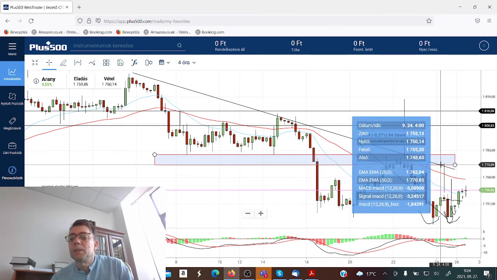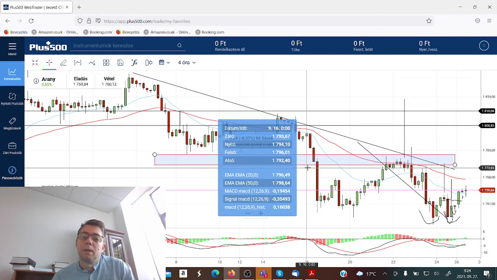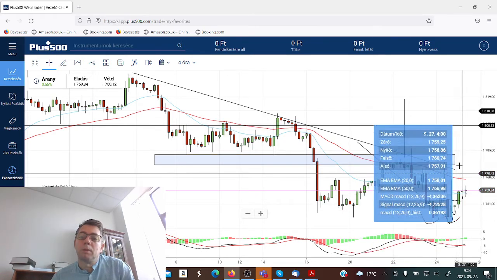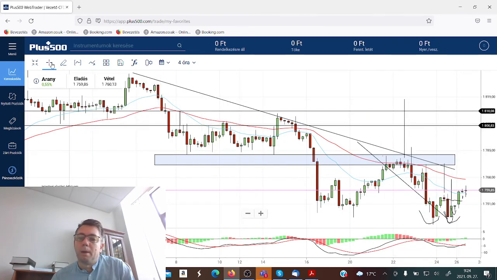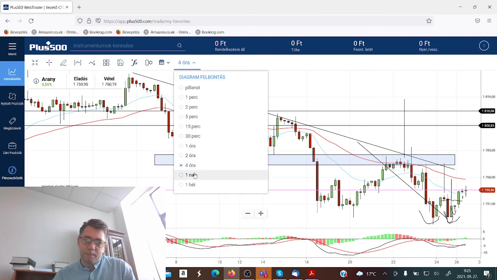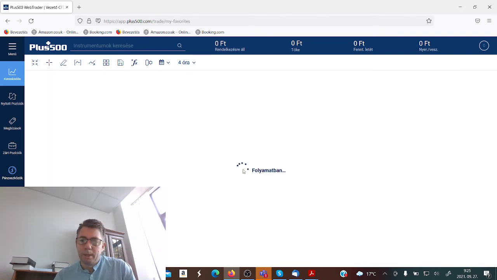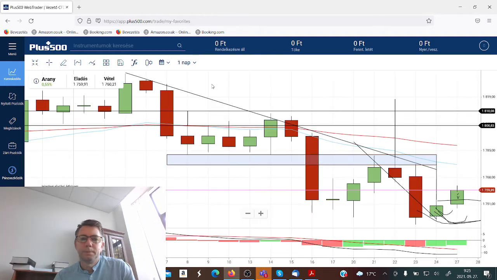But the price target is 1775, and it seems to me that we are going to hit that target. We are going up, we will hit that target, and then this is a resistance area. We might fall back, or we may break above. I hope we will break above, but we will see, because this is a resistance area here, as you can see. Now let's look at the daily chart frame on gold.